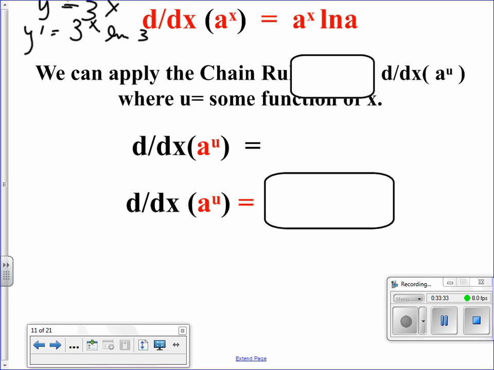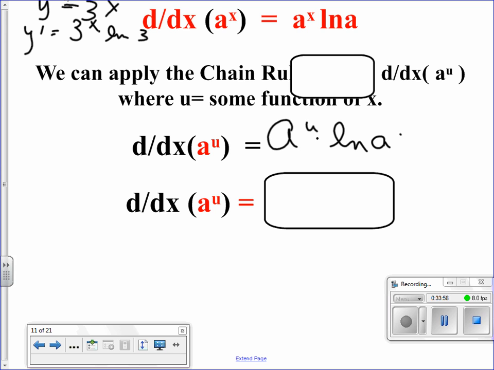All right, I've got to throw this last piece at you. If you want the derivative not just of some constant to the x, but some function of x, u, let's apply the chain rule. The derivative of a to the x is a to the x times ln of a. What's the derivative of a to the u? Well, the ln of a, but then what do we need?